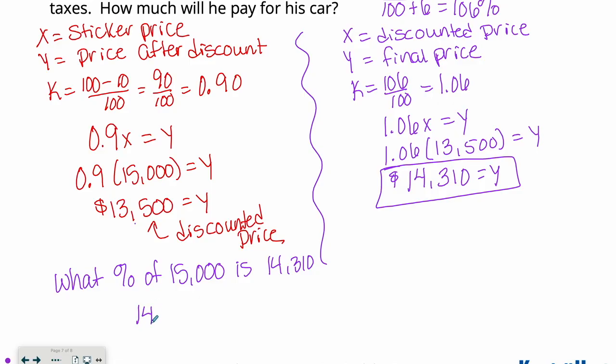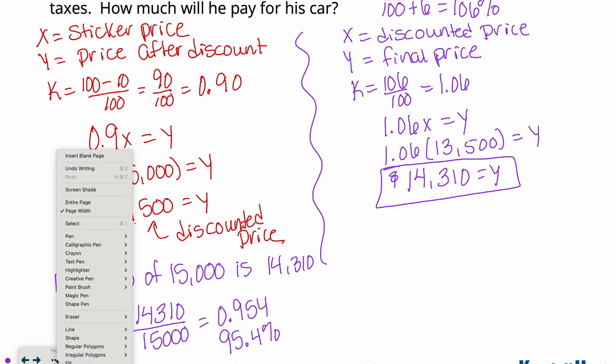Well, we would do 14,310 divided by 15,000, and that gives us 0.954, or 95.4%, which is not the 96% or 94% that you thought. It's actually higher. It's over 95%.